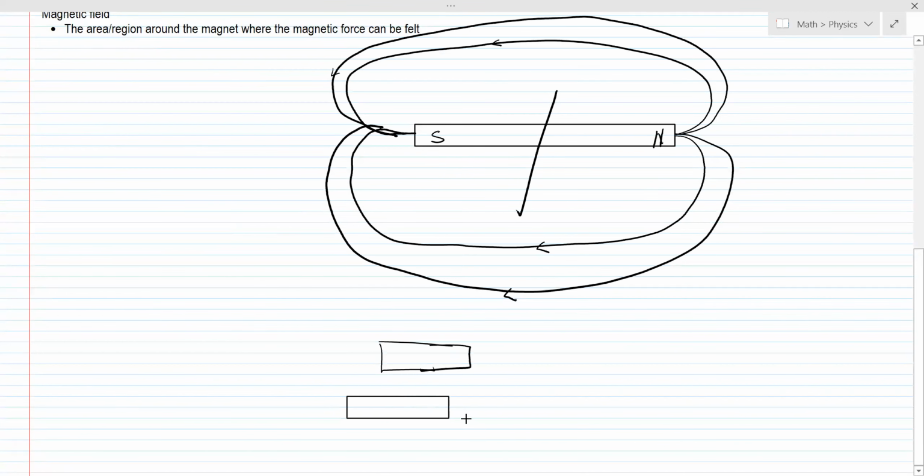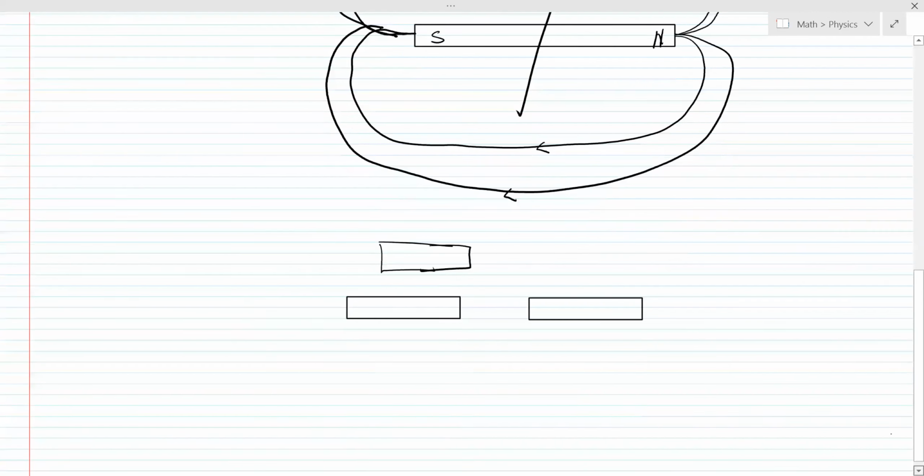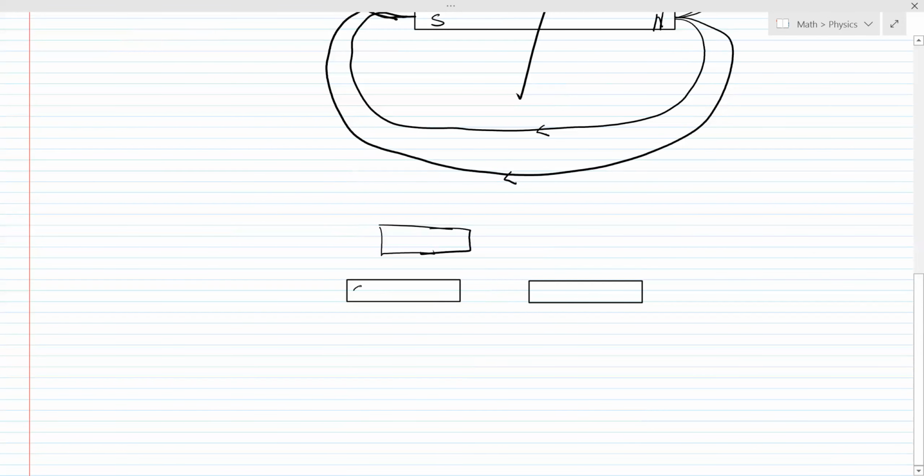We have this magnet here, and this magnet here. Two separate magnets, each north and south.